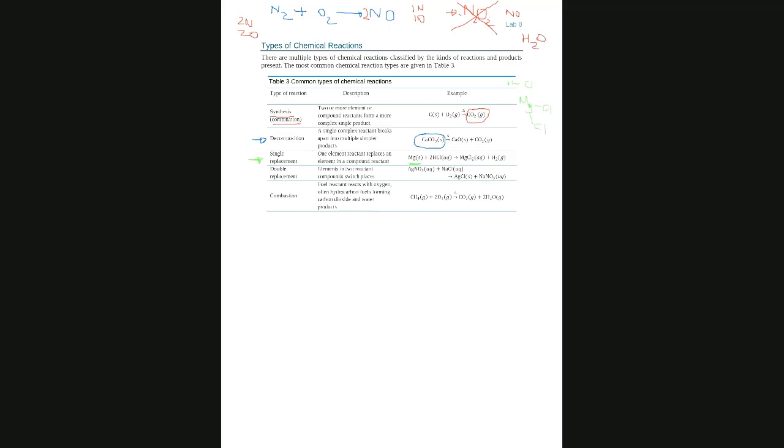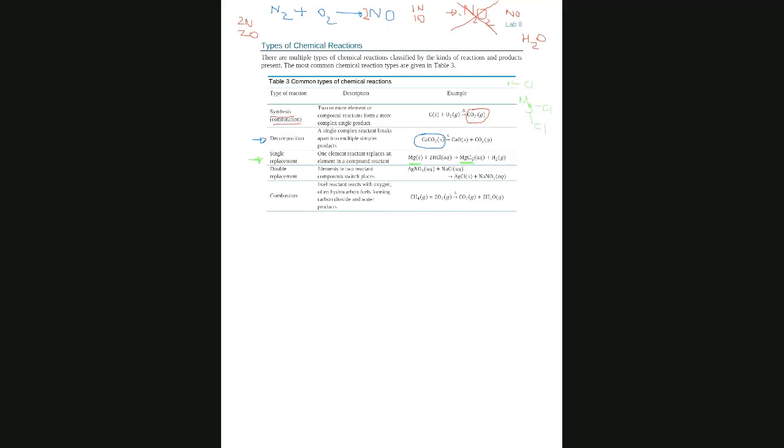But the point of single replacement is that basically one substance, in this case magnesium, replaces another one, which is hydrogen, in our compound. So instead of the chlorine combining with the hydrogen on the product side, it is combined with the magnesium.